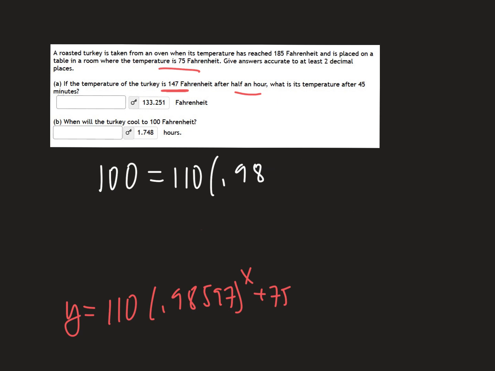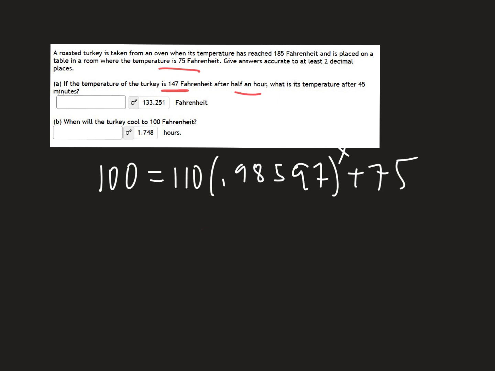I won't tell you how many times I have before hit that wrong button. So now I have to solve that for x, right? So I guess I'm going to subtract 75, which is 25. And then I'm going to divide 25 by 110.